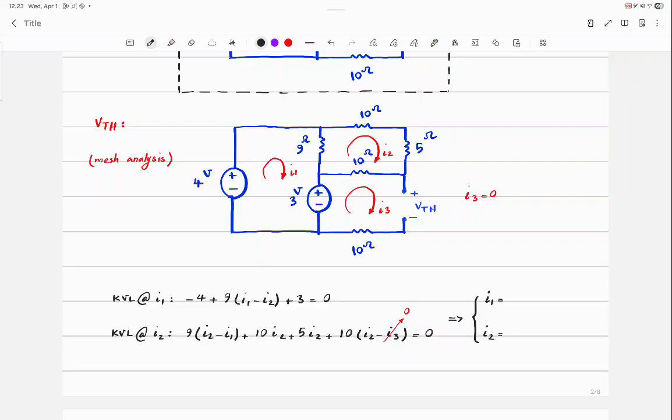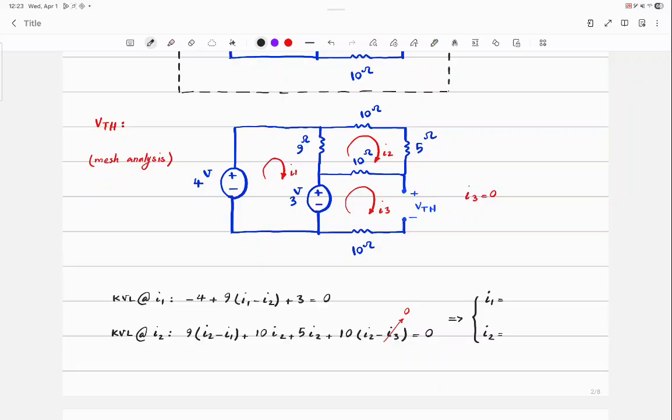I1, I2. If you don't know how to use your calculator, you will learn it next quarter. Sorry? Give me some real value, engineering value.